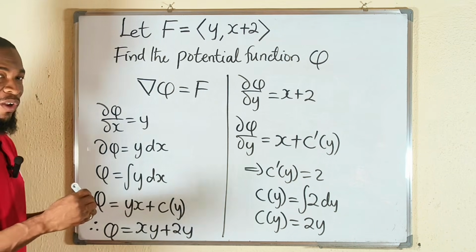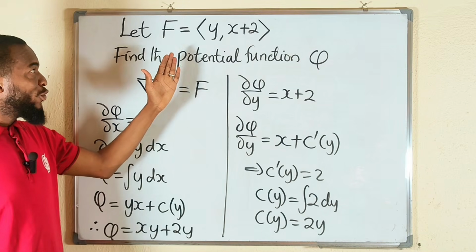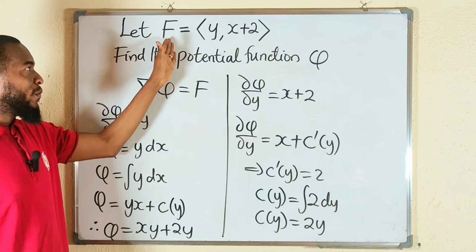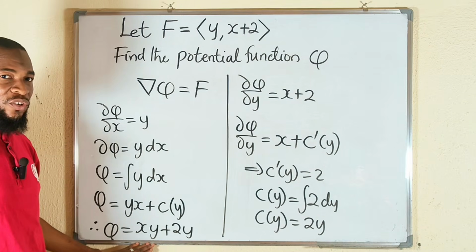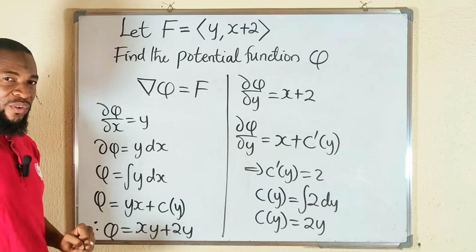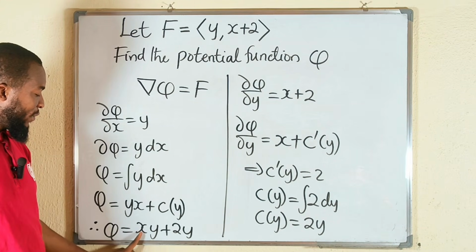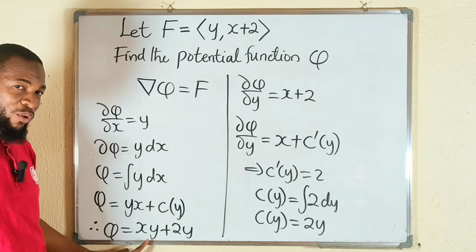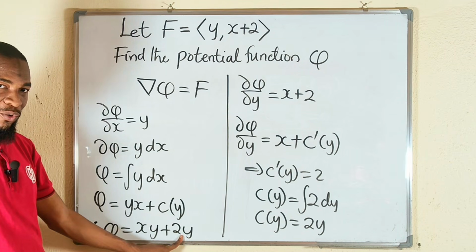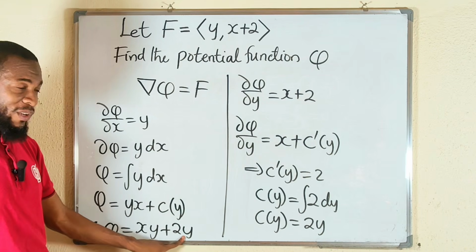Let's see whether this is correct. Remember, I told you that our vector field can always be obtained from the potential function. If you differentiate this with respect to x, you have 1 times y, which is y. We have no x in the second term, so the derivative will be 0.